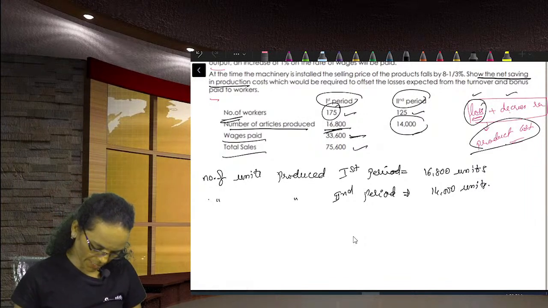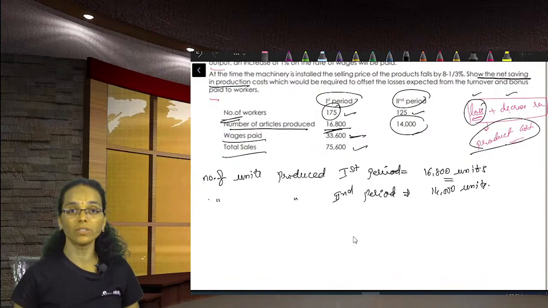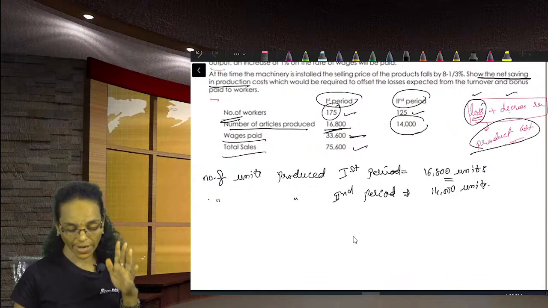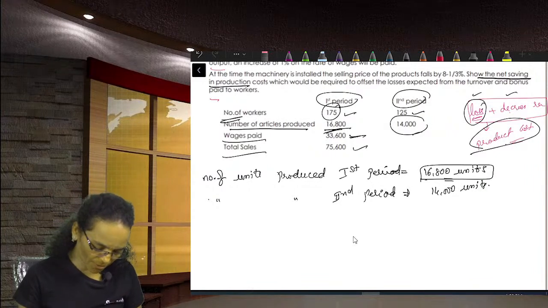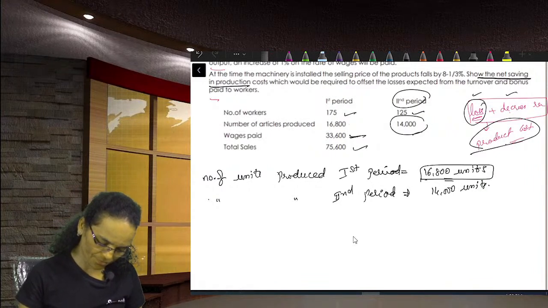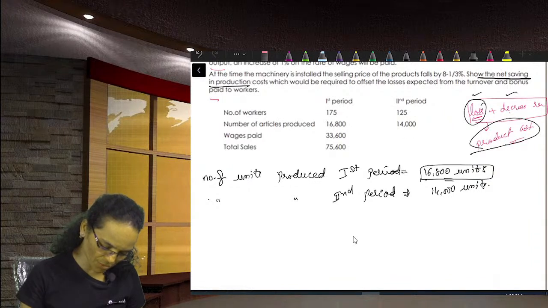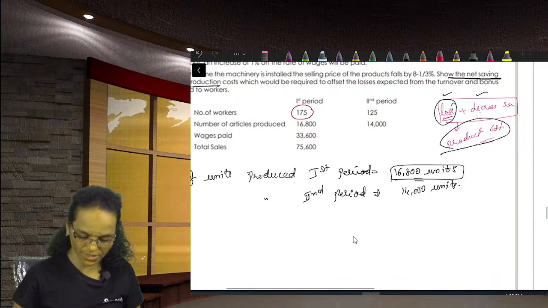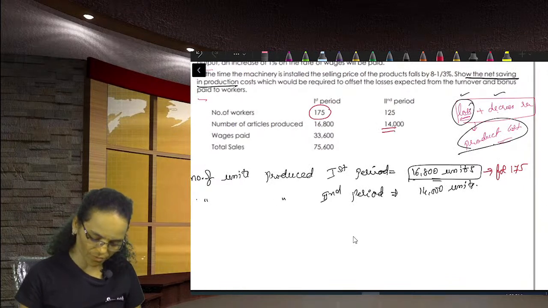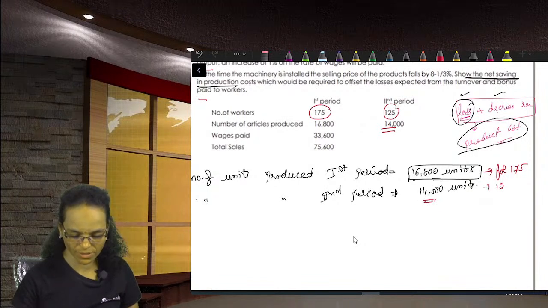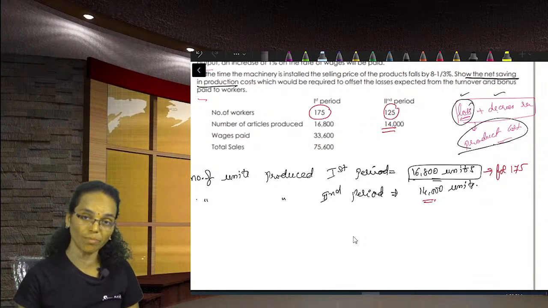See, 16,800 units were produced in the first period, when we had 175 employees. But in the second period, 14,000 units we are producing, and the employees are 125 members.